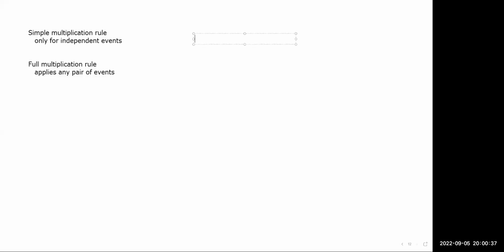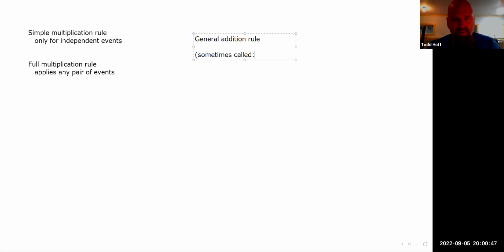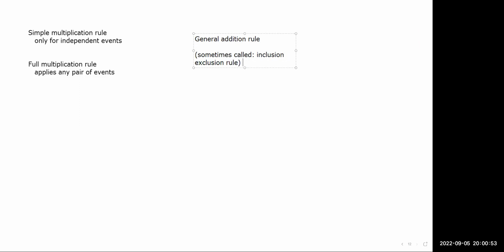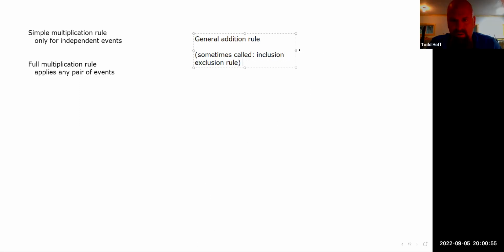This might be a dumb question, but the general addition rule, it's inclusion and exclusion. That is completely different from, what was the word, mutually exclusive, right? Yes. Okay. Can you remind me... So the general addition rule again applies for any pair of events. That's where the inclusion exclusion was.